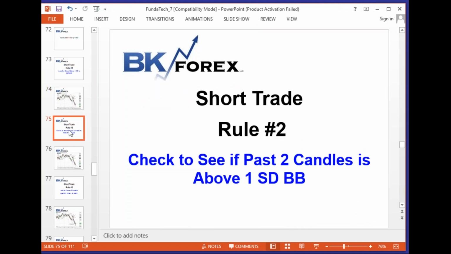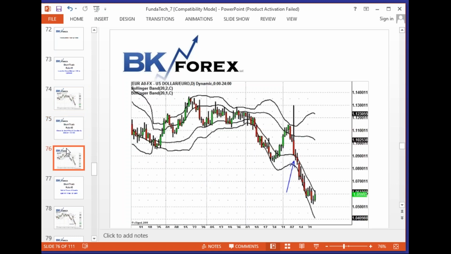So we check, but before doing that, you want to check and make sure that the past 2 candles are above the first standard deviation Bollinger Band. And in this example here, you'll see where my arrow is. And you'll see that it closes below the first standard deviation Bollinger Band.